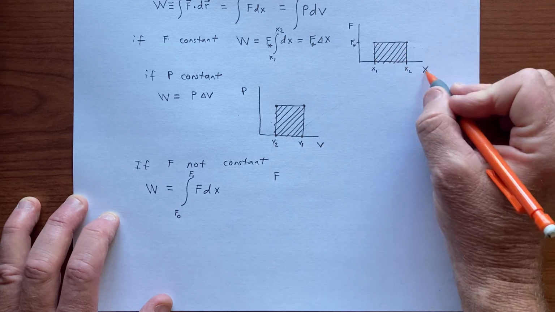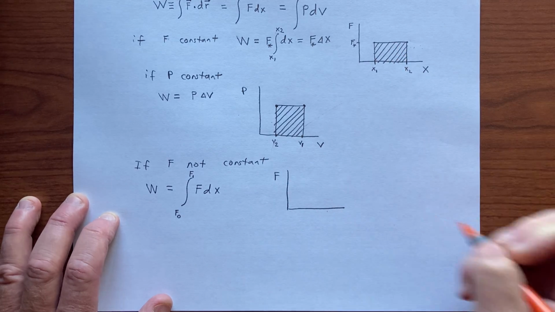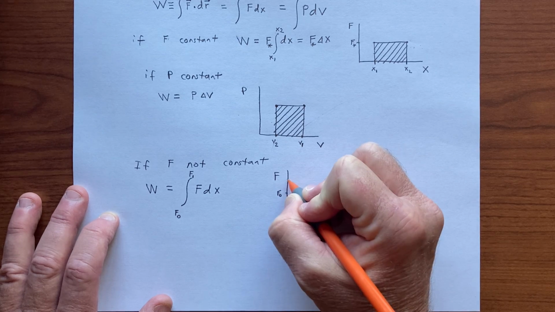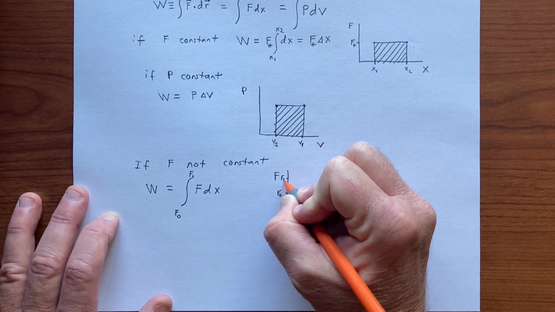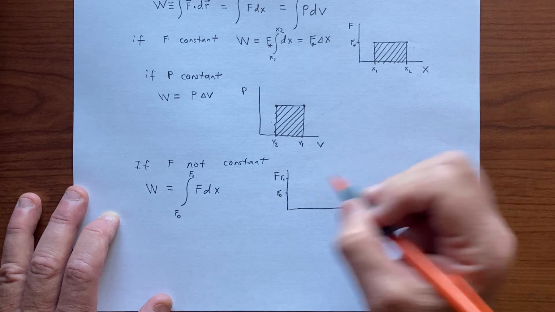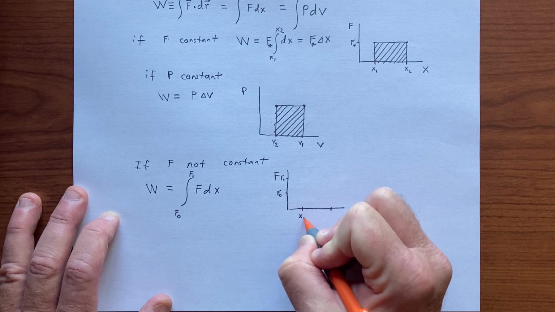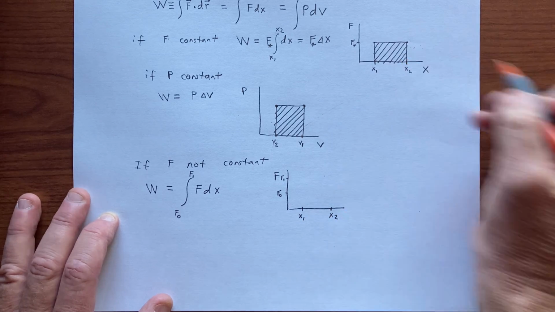So in the F-x plane, we are now imagining that we start with a value F naught and we end at a value F1. And we have some initial value of x and some final value, x1 and x2, just like we did here.